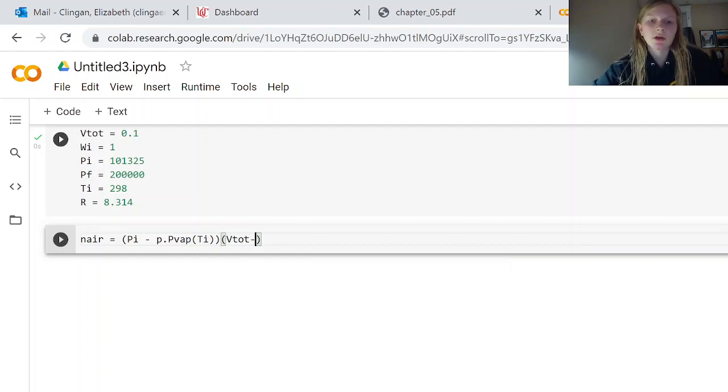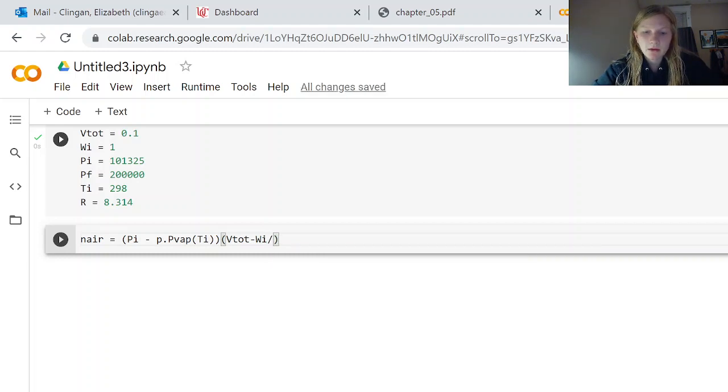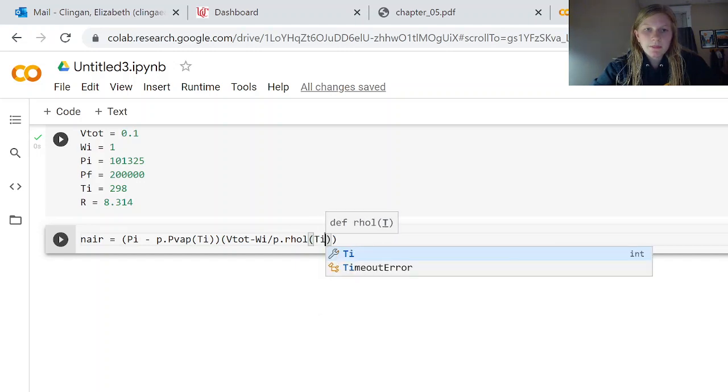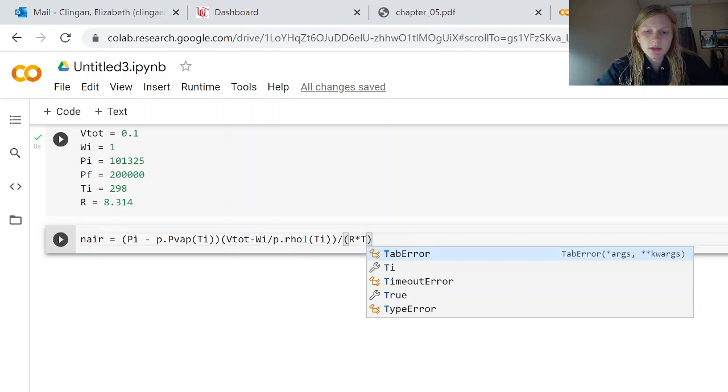And in order to get the volume of the water, we have to do the density formula. And then all divided by R times the initial temperature.